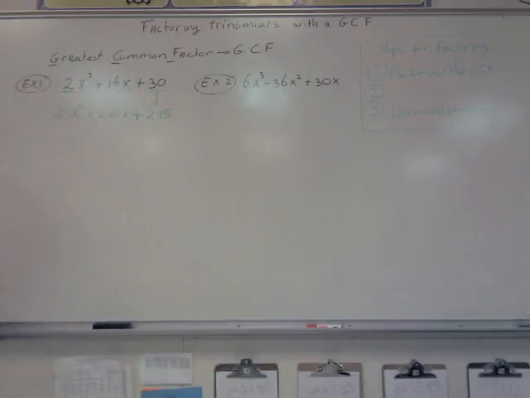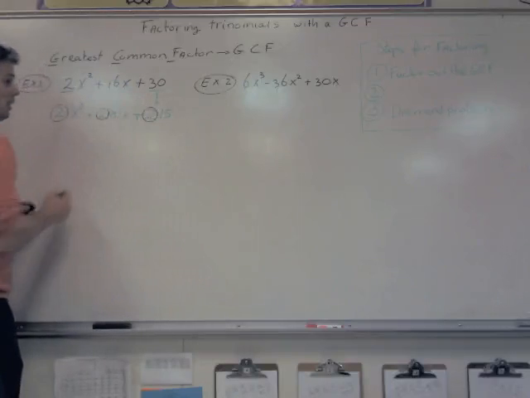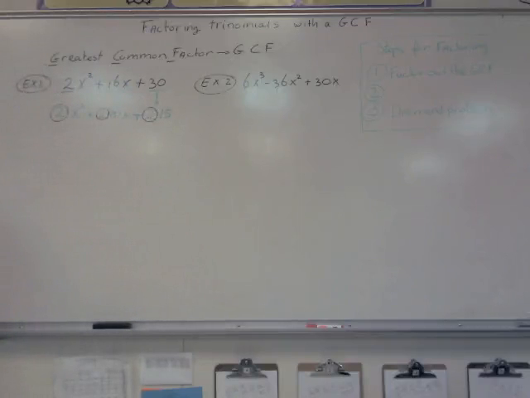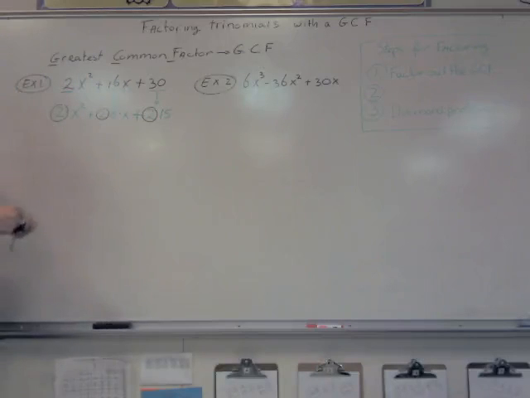Now what you have to notice here is that each term has this factor of 2. Since each term has the same factor, we can factor this out as what we call the greatest common factor. This is how that works. The 2 goes right here, that's the common factor, you write that down first.